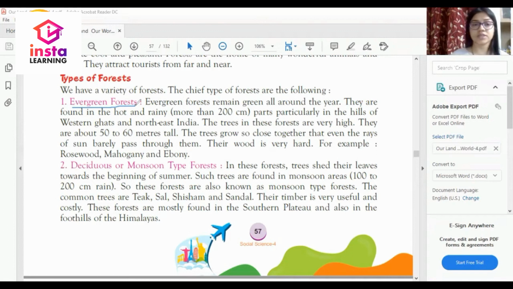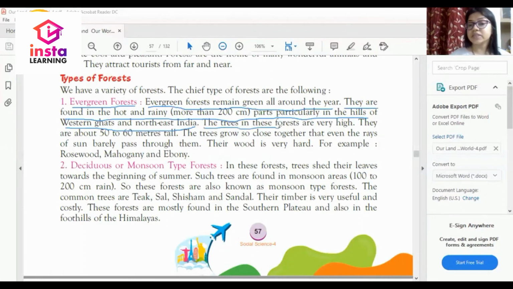Let's discuss it. Evergreen forests remain green all around the year. पूरे साल हरे रहते हैं. They are found in the hot and rainy parts, particularly in the hills of Western Ghats and northeast of India.